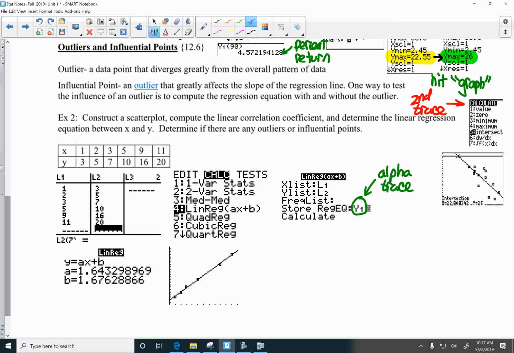All right, so I would say that there are no outliers or influential points. The pattern is linear, so there are no outliers? Yeah, exactly.